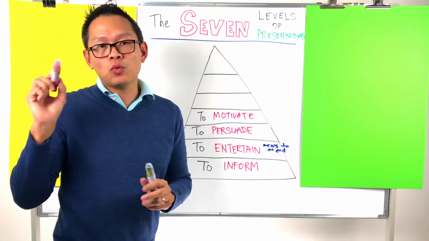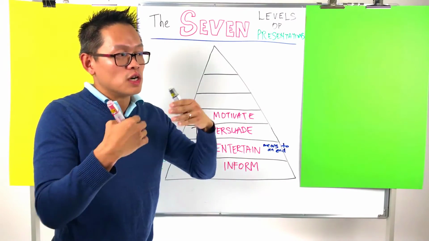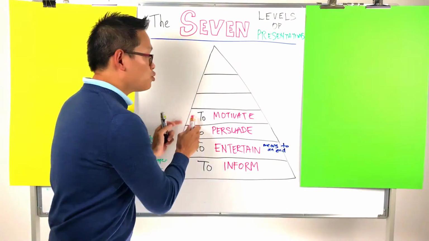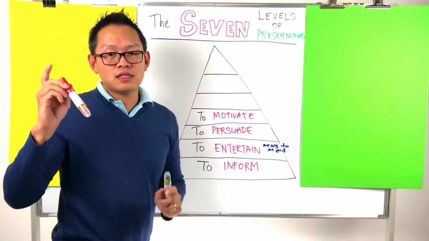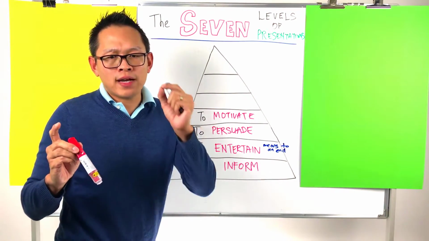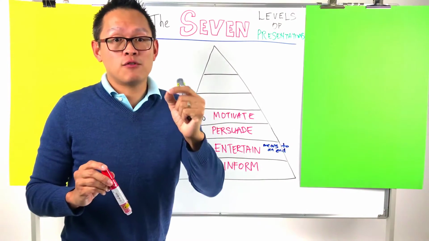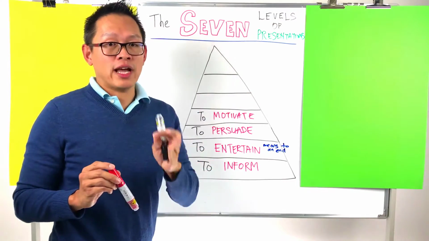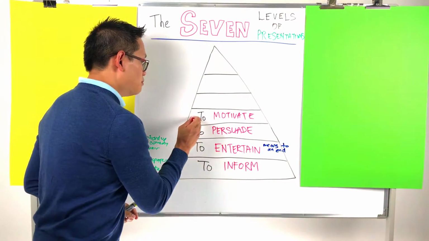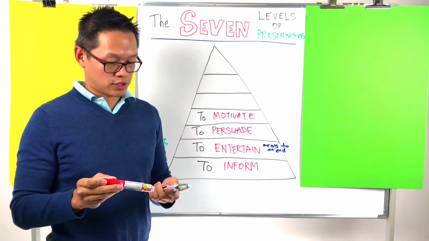Persuasion is trying to convince you to agree with them, but to motivate, it is really about providing an incentive for you to take action. And usually motivation is for your own self-interest.